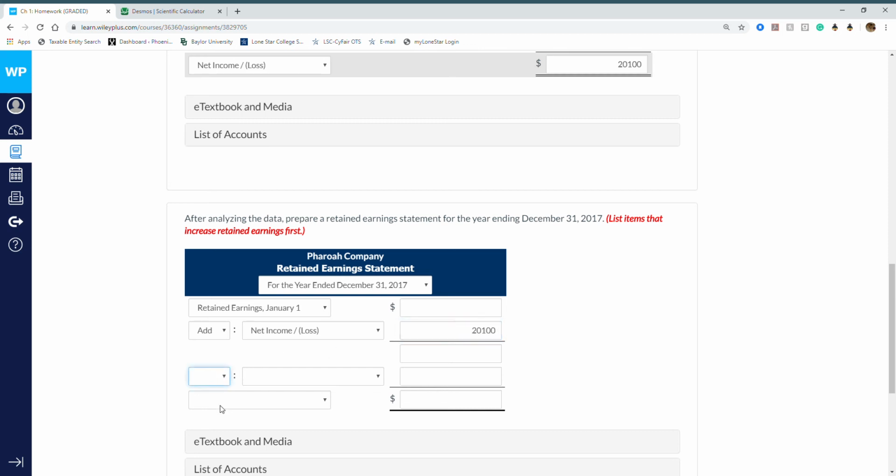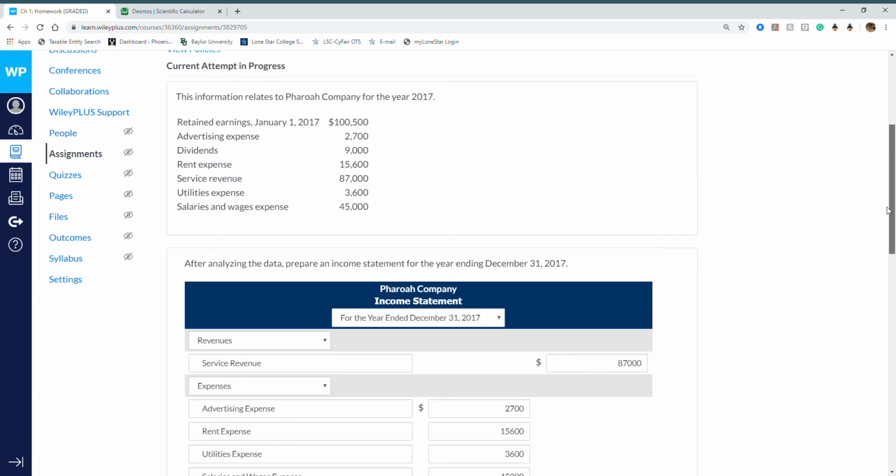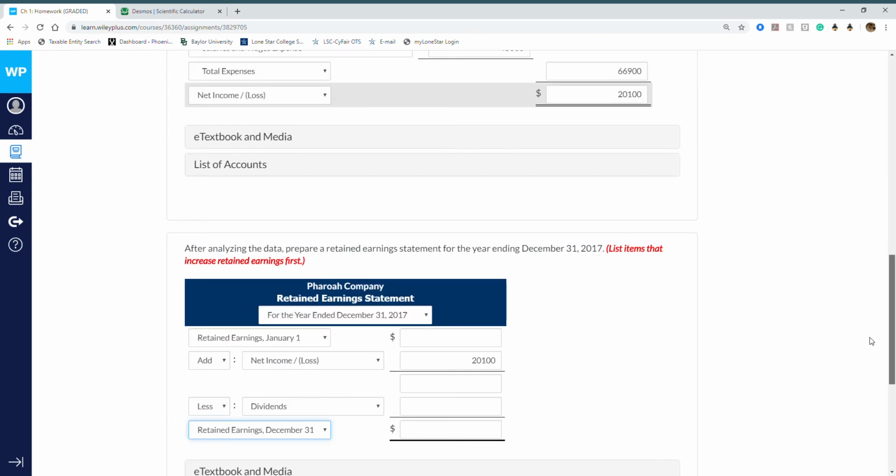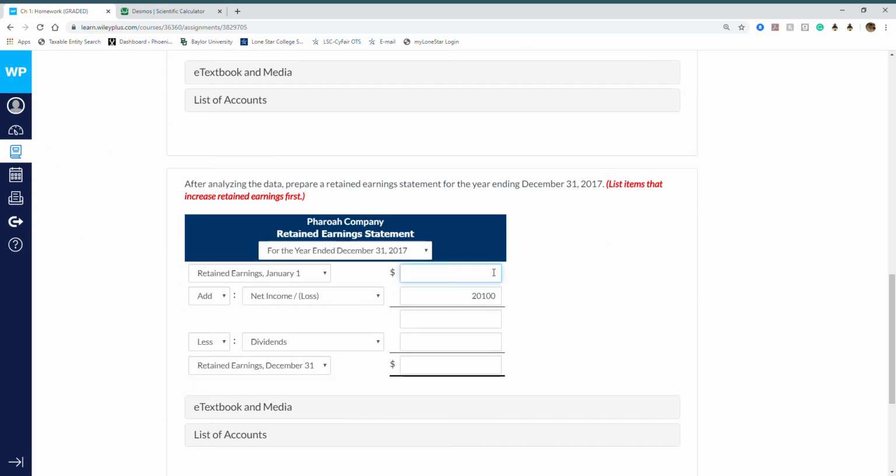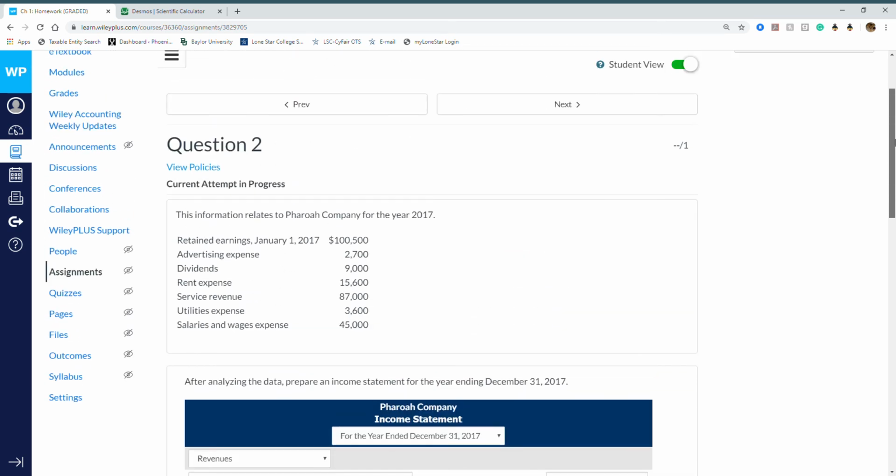We'll go ahead and label the rest. Always subtract our dividends. And we create our ending retained earnings. So let's go find our beginning. 100,500. Then let's find our dividends. 9,000.